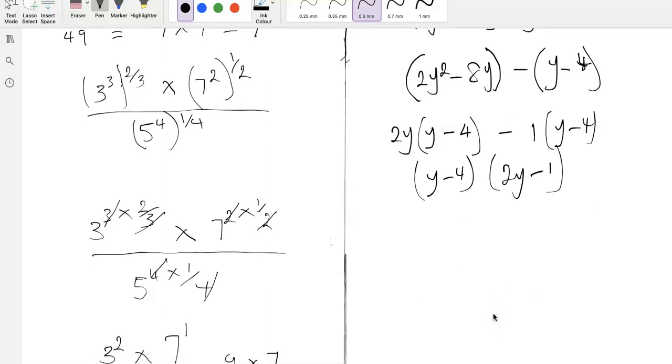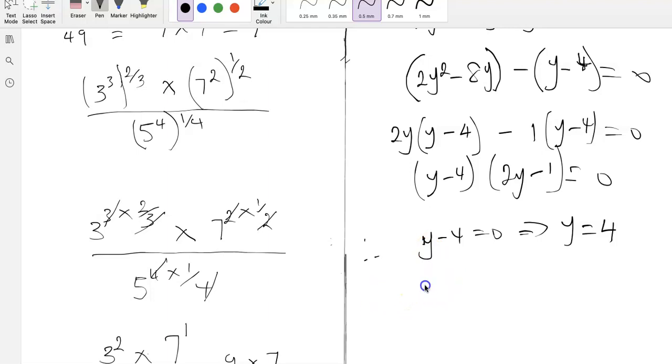Right. So therefore, this is equal to 0. We say that either y minus 4 is equal to 0, which implies that y is equal to 4, when 4 goes to the other side.